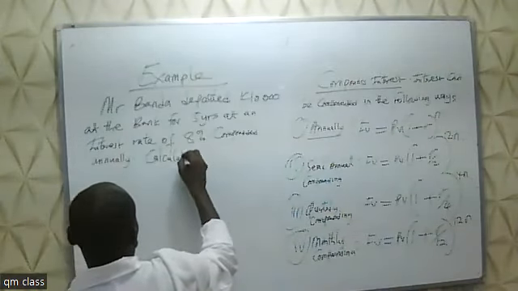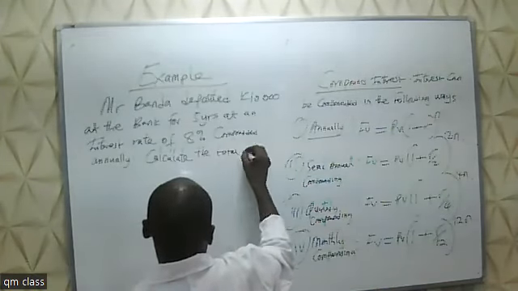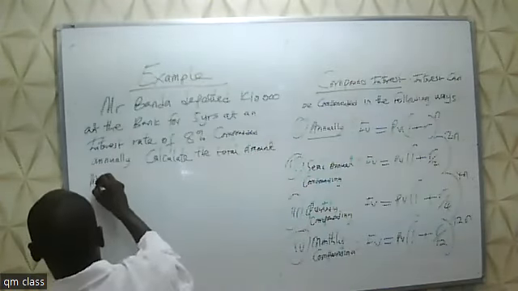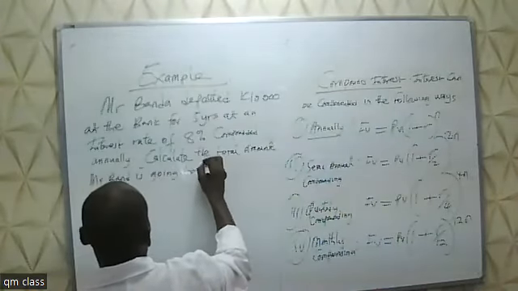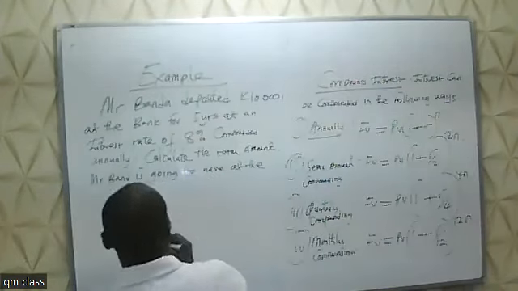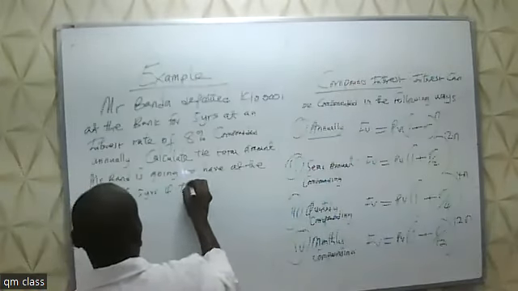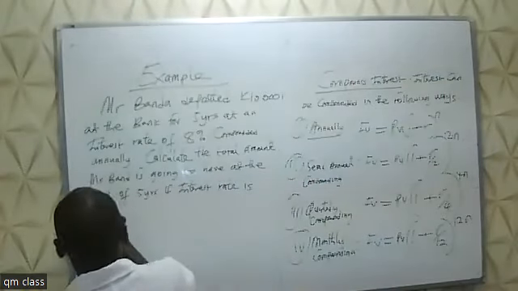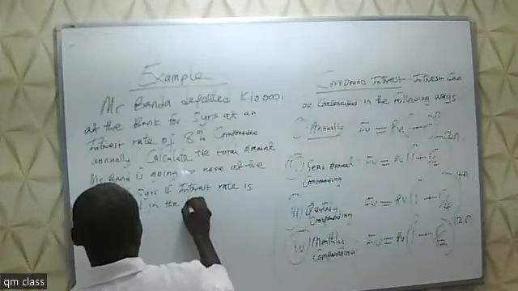Calculate the total amount Mr. Banda is going to have at the end of 5 years if the interest rate is compounded in the following ways.